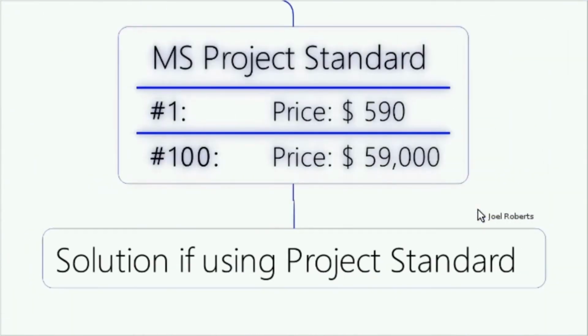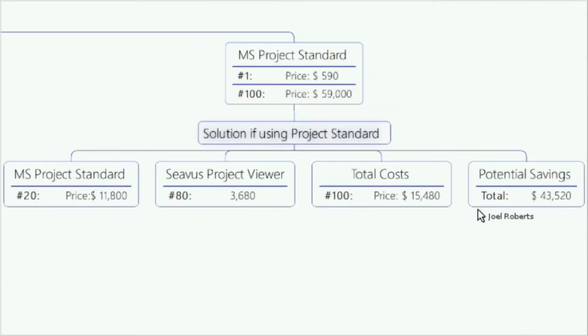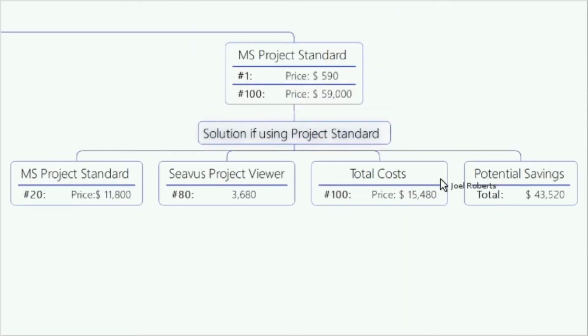The next option is if you choose Microsoft Project Standard, and you would like to cover those 100 users, this would be the price to pay. But the solution, if you introduce Seavus Project Viewer to those 80 read-only users, the calculation is the following.